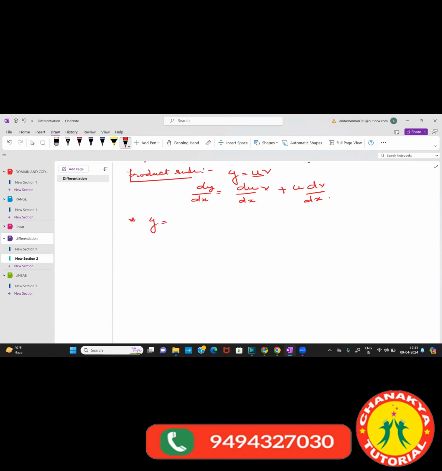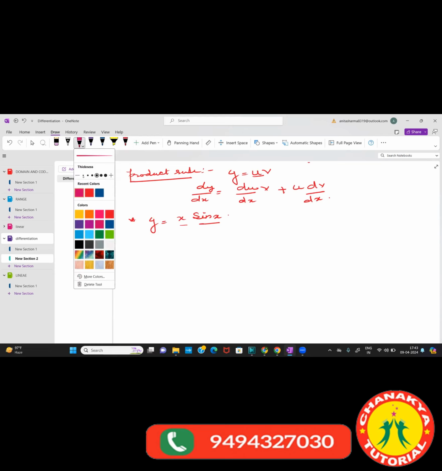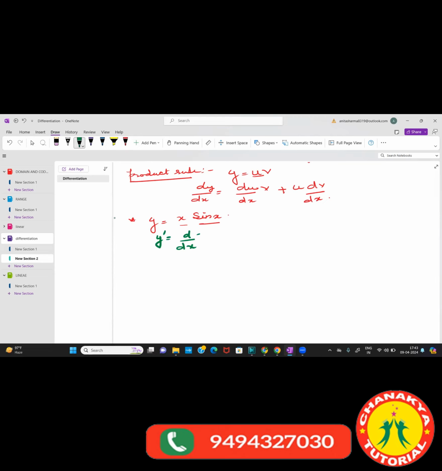Now tell me the differentiation of x sin x. Here are two functions. Your y dash will be, first of all, the differentiation of x, with sin x as it is, plus x as it is, because we have already done with x, then the differentiation of sin x.